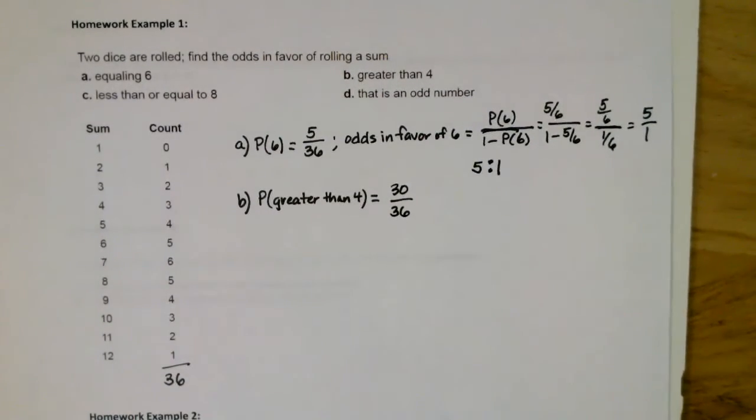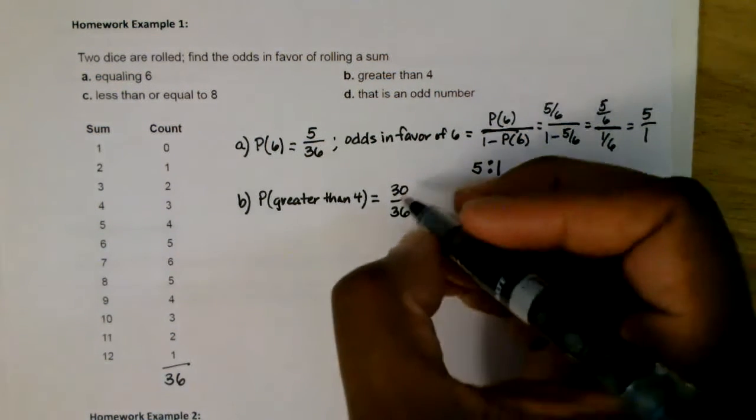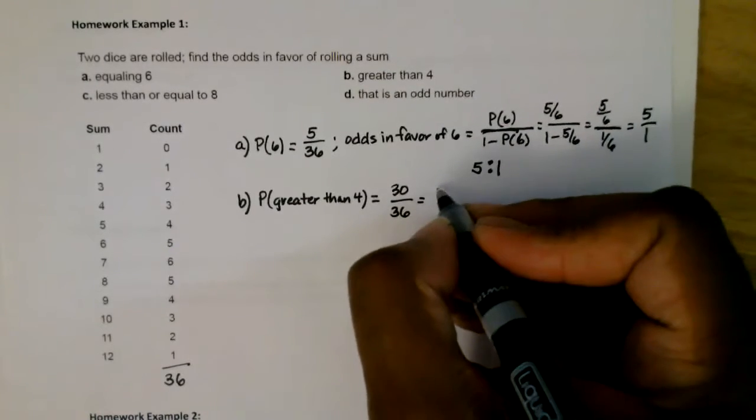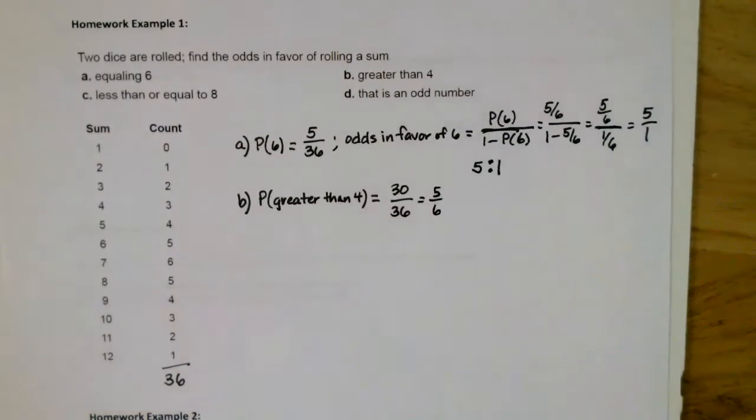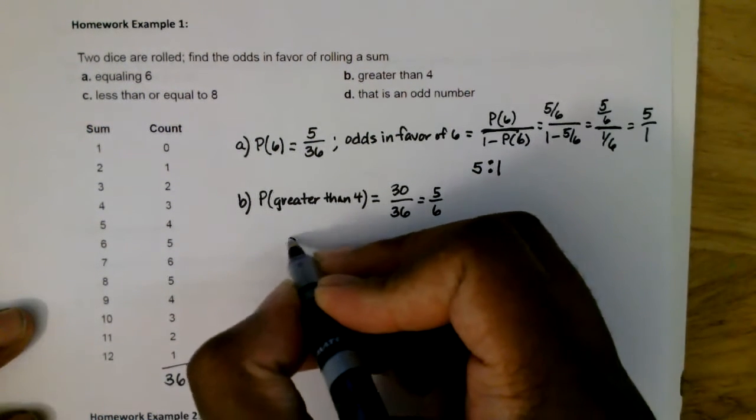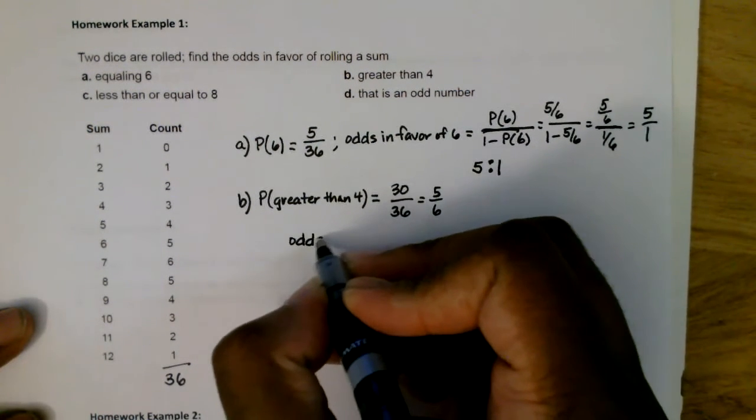So the probability of getting a sum greater than 4 would be 30/36, which reduces to 5/6. So now we want the odds in favor of rolling a sum greater than 4.